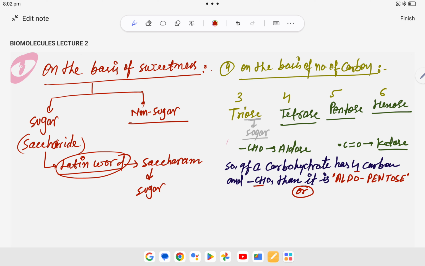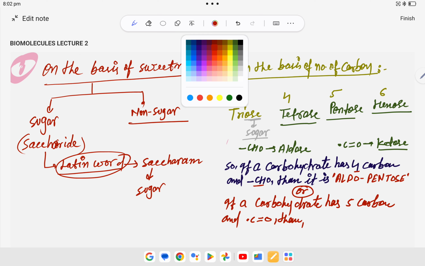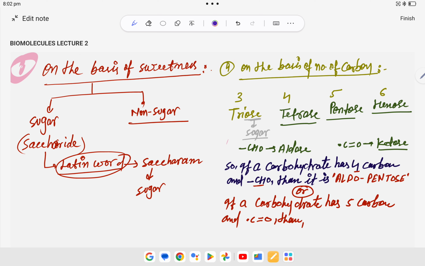Or if a carbohydrate has 5 carbon and 1 CO group, then total number of carbon, children, 5 plus 1, 6.